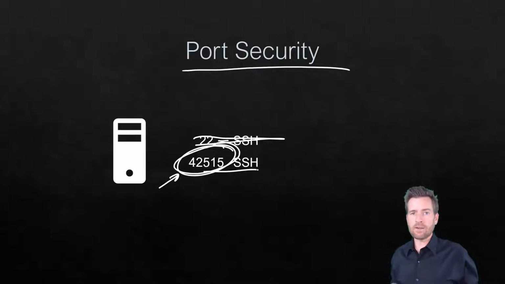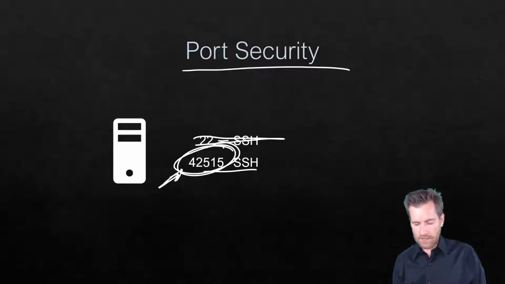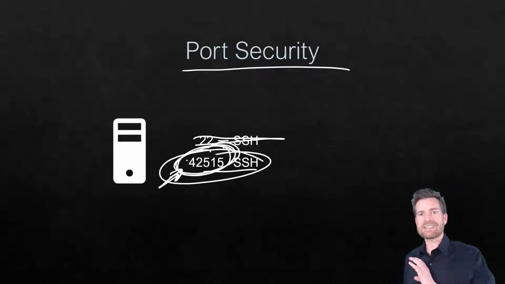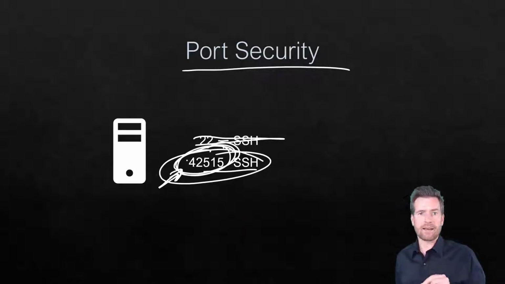In the security realm, we don't really consider this any more secure, because anybody can still do a port scan on that box, figure out that this port is open and it's open to SSH, and still use the same mechanisms to hack that box. Security through obscurity is not really thought of as being secure at all. However, there is an element of security involved here.